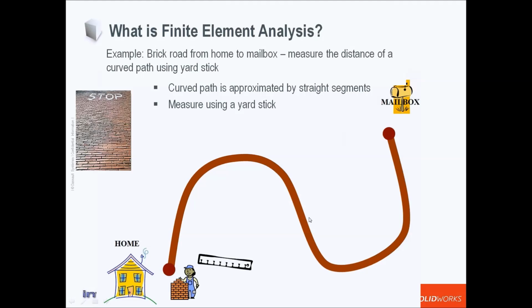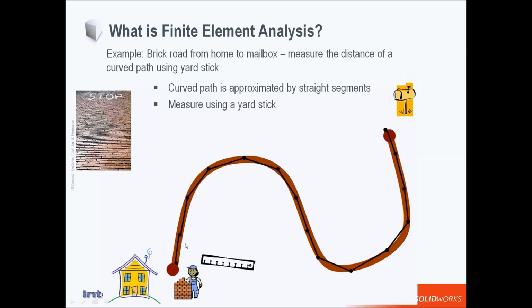The curved path is broken into straight segments, and the length of each straight segment is measured by the yardstick. These lengths are added together to get the final length of the curved path, like we're putting our yardstick start, end, and we approximate this curve by that yardstick.